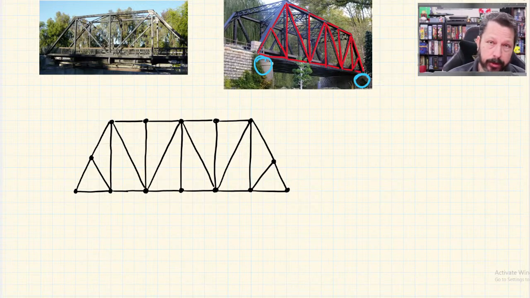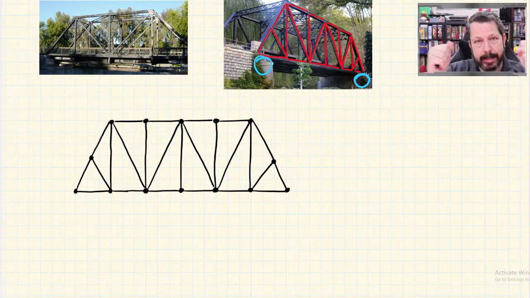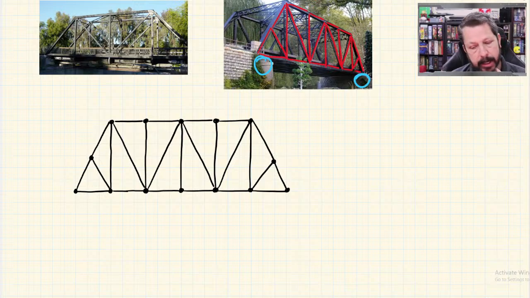Or if it gets really cold and it wants to contract, and I've locked the 2 ends down, it has nowhere to go, and it'll try to pull the supports down. So I have to have some way for this thing to expand and contract. Not quite the same, but if you've ever driven over a bridge and heard that periodic thumping sound, those are expansion joints.